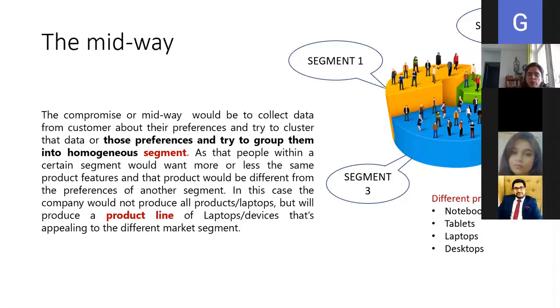Some people are coders or developers sitting in the office and they want something stationary but with high specifications. As per the needs, you can come up with 3, 4, or 5 segments, see their preferences, and then develop your product and come up with those 3 or 4 product lines. This is the midway you can do through segmentation.